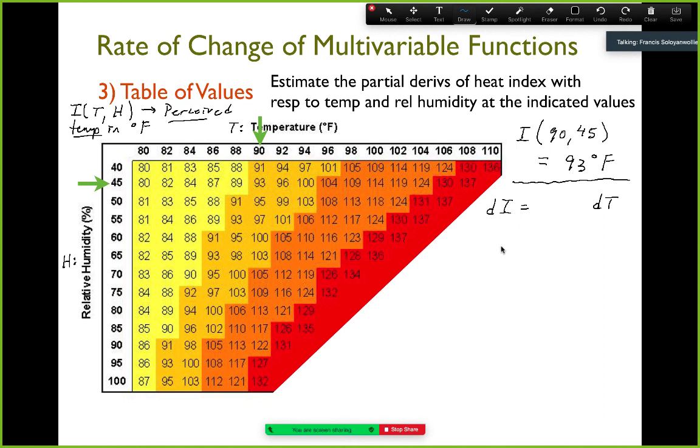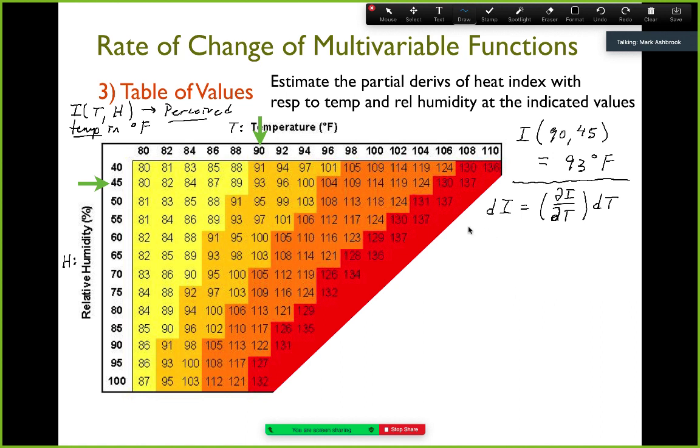Holding humidity constant, we need the partial derivative of heat index with respect to temperature. Given a little change in temperature, if we multiplied it by that partial derivative, we would get the resulting change in the heat index.